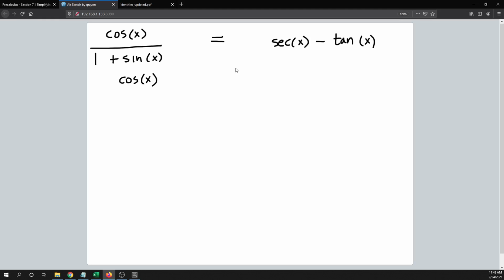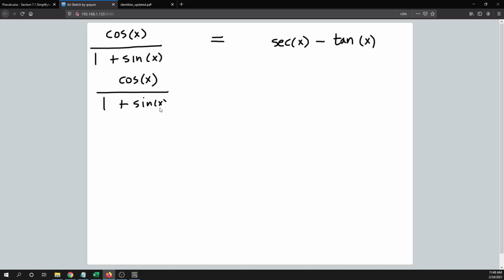The thing is you kind of want to get rid of that 1 plus sine x in the bottom part of this fraction over here. So this 1 plus sine x, we want that to go away. Obviously it's not there on the right-hand side, so there's no real obvious way to get rid of that.